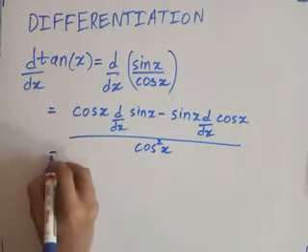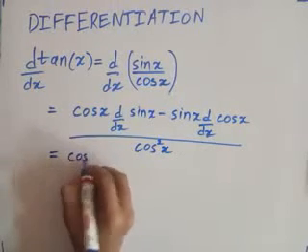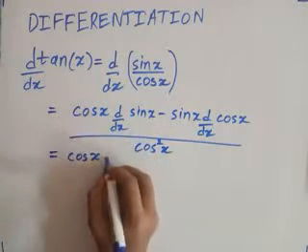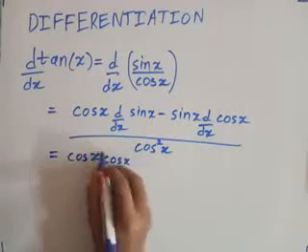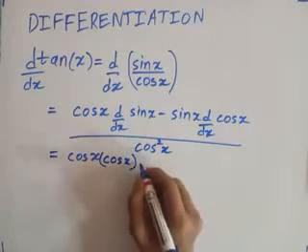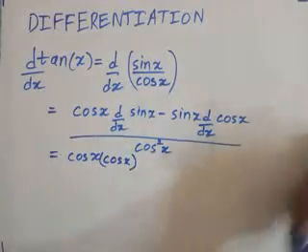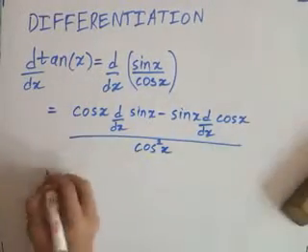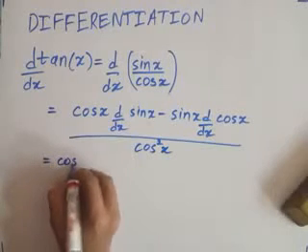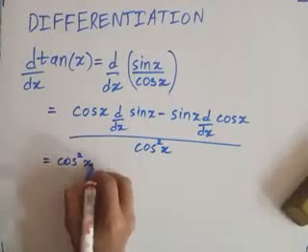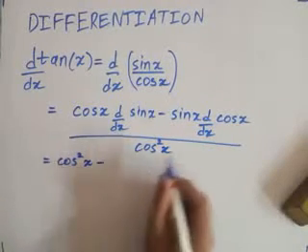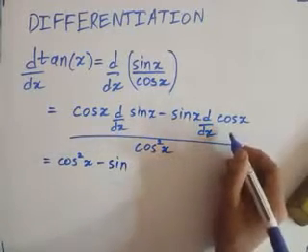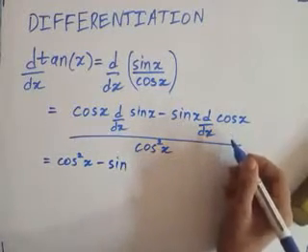Now I just need to do a little simplification. This is cos of x, the derivative of sine of x is also cos x, so here I have the product of these two. So let me write it as cos square x minus sine x, and the derivative of cos x, if you remember, was minus sine of x.